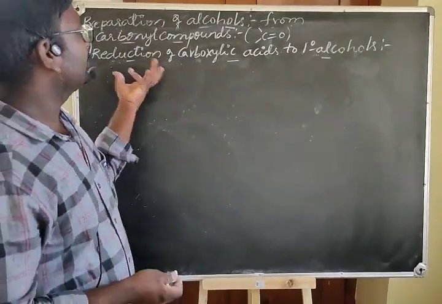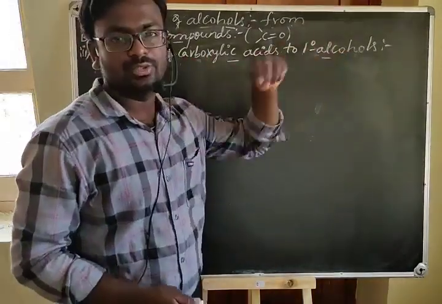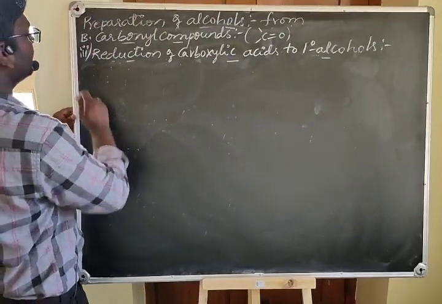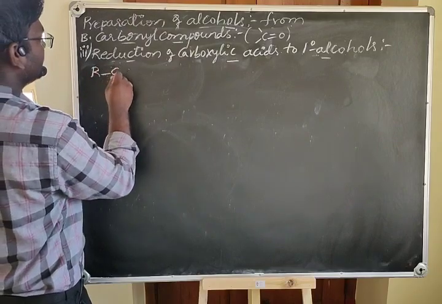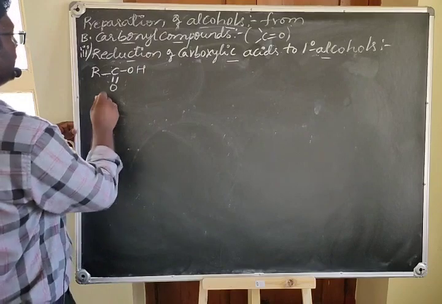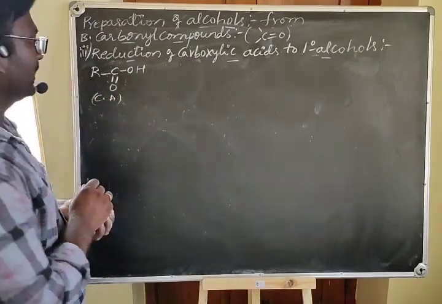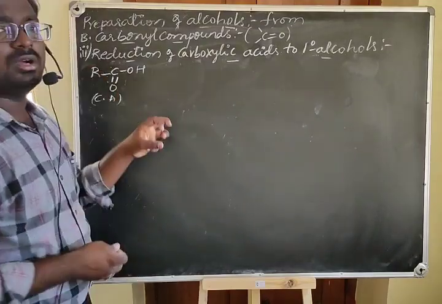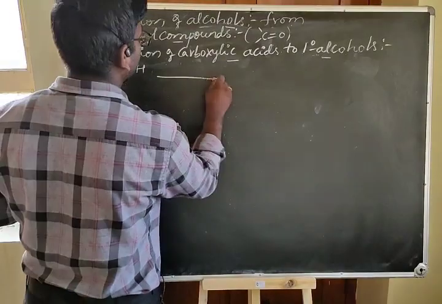In the same way, we shall consider the reduction of carboxylic acids to primary alcohols. Let's have the general representation for this. We have RC double bond OH, which is called the carboxylic acid. Here R may be any alkyl group, and it requires a strong reducing agent such as lithium aluminum hydride.